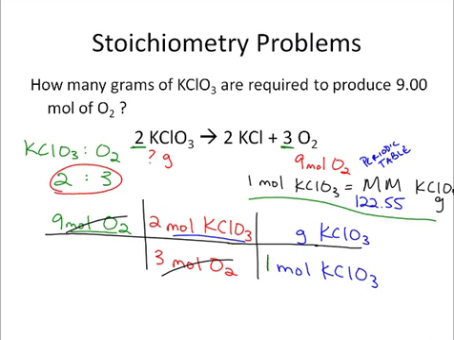I know that 1 mole of KClO3 is equal to 122.55 grams potassium chlorate. And when I look back, moles potassium chlorate now cancels out. And if you calculate everything across in my chart here, 9 times 2 times 122.55 divided by 3 should equal 735.30 grams of potassium chlorate.